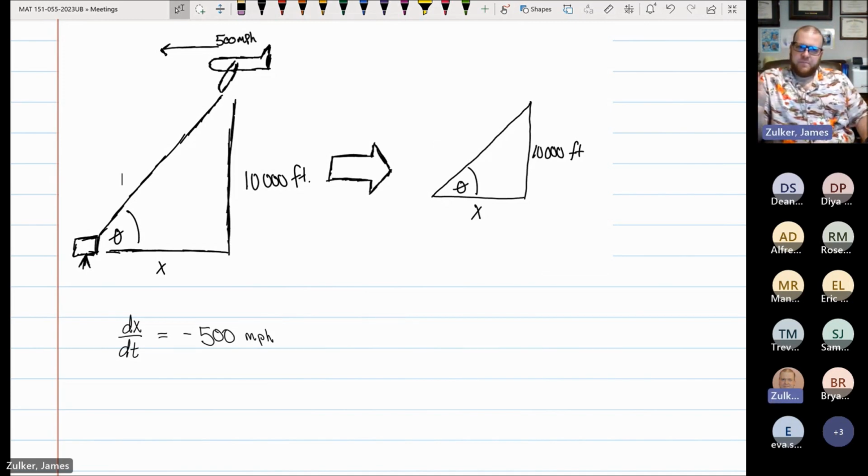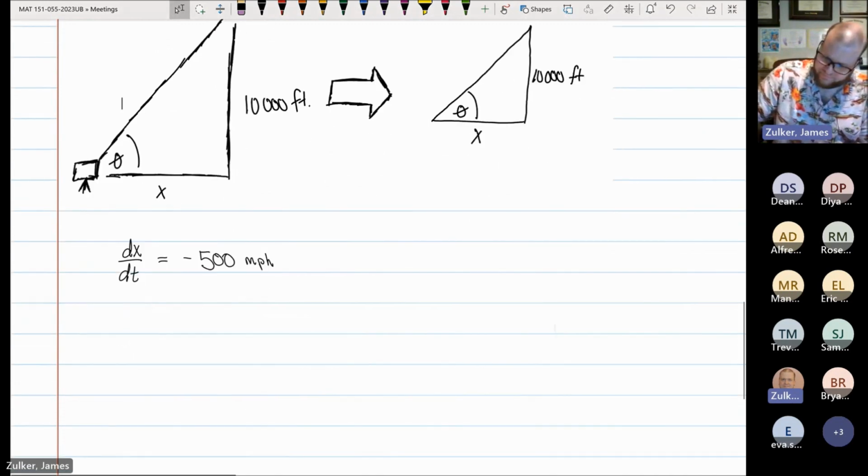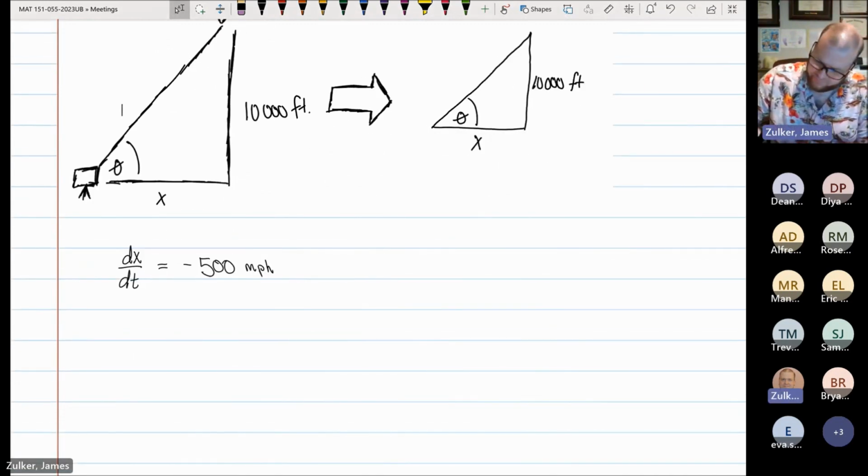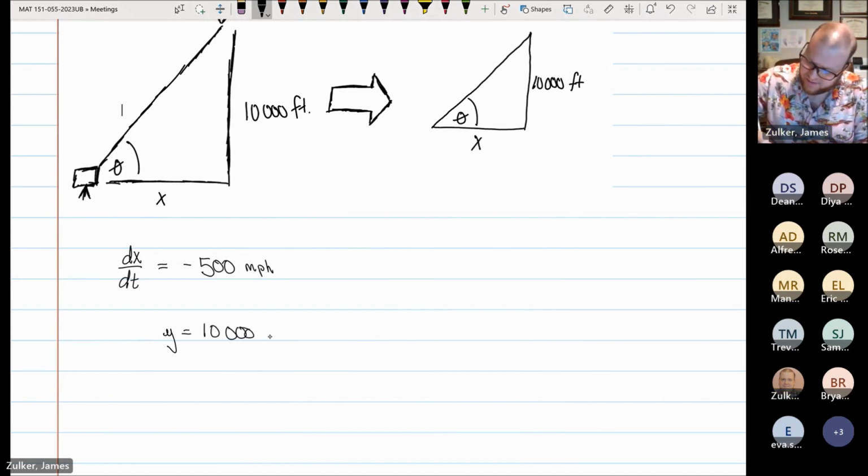Negative because the distance x is decreasing, right? It's shrinking. y, the elevation, we know is 10,000 feet.